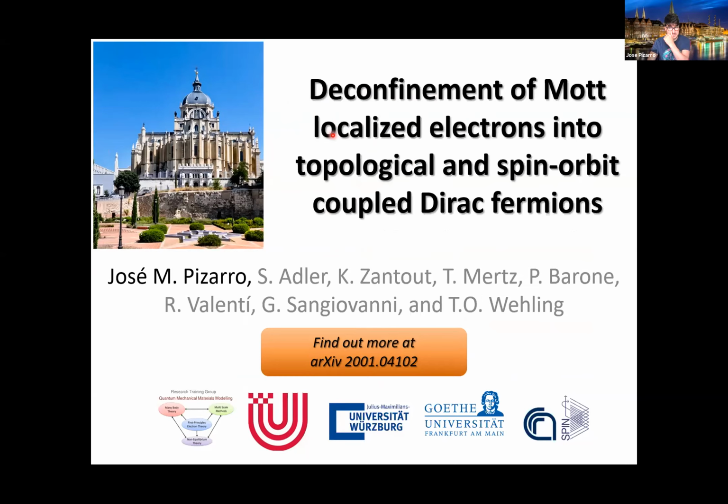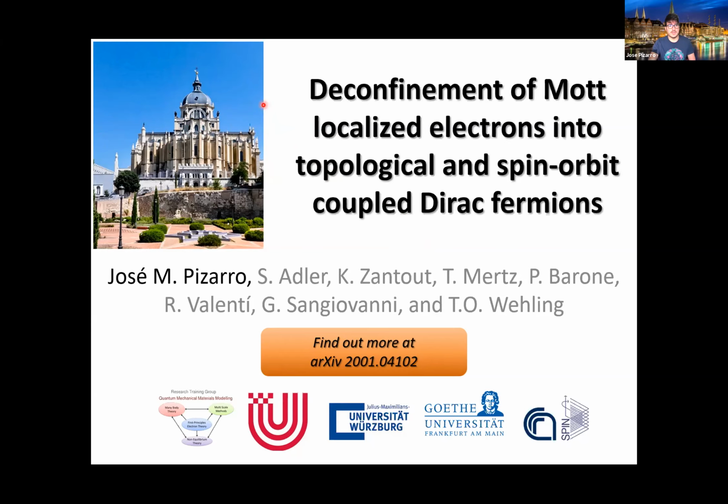Actually, I wasn't planning to show you anything, but because of this online format, I think it's good to show you a piece of the city. This photo on the top corner is one of my favorite corners in Madrid. It's one side of the cathedral, and there you can see the three main monotheist religions at once.